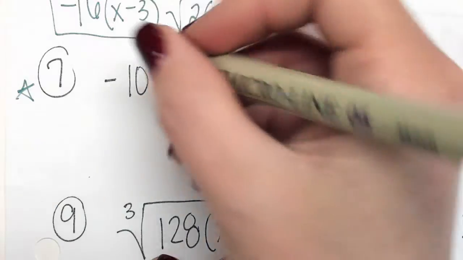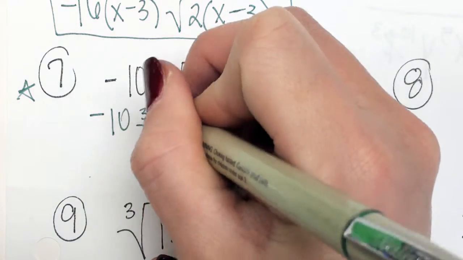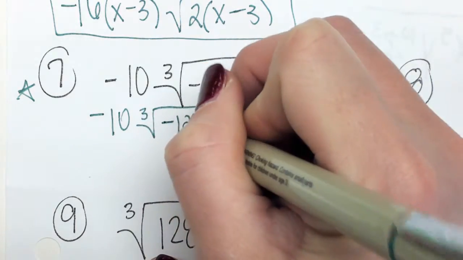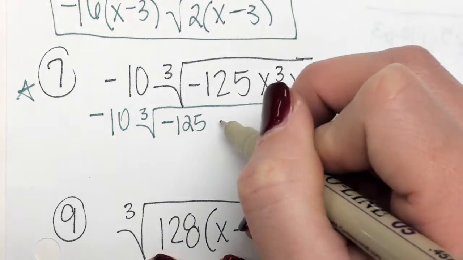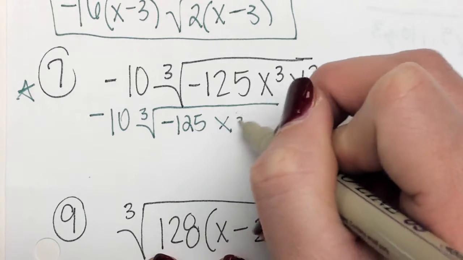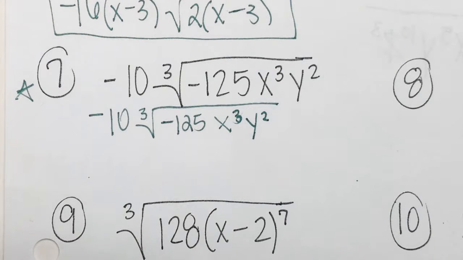Cube root. Is 125 a perfect cube? Yes, very good. So I don't have to change it. Do I have to change x cubed? Do I have to change y squared? No. What's the cube root of negative 125?